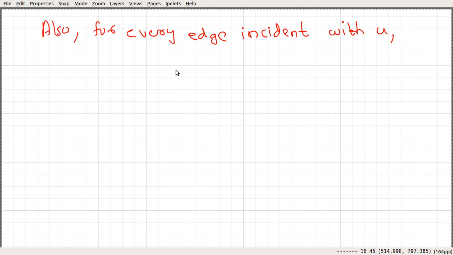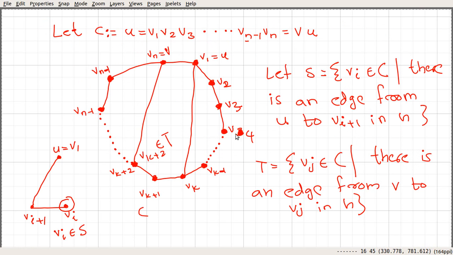So that's what I am going to write here. Also for every edge incident with U, there is one vertex Vi in S. Since we are considering a cycle here, if there is an edge from U to Vi plus 1, we add Vi. So for each vertex adjacent to U, the Vi which is adjacent to this Vi plus 1 will be in this set.